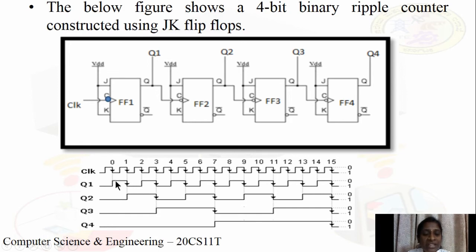It remains in that state till it gets the next clock pulse's negative edge or falling edge. As soon as the first flip-flop gets the falling edge of the second clock, it changes its state from 1 to 0. This is 1 and this is 0. Next, it retains its state till it gets the next negative edge. When the next falling edge appears here, it changes its state from 0 to 1.